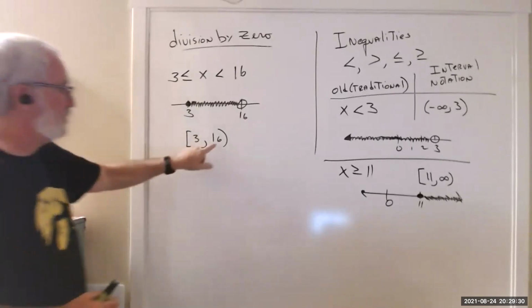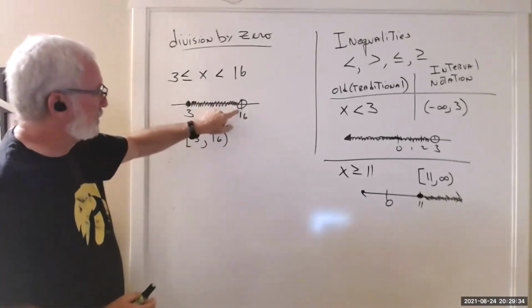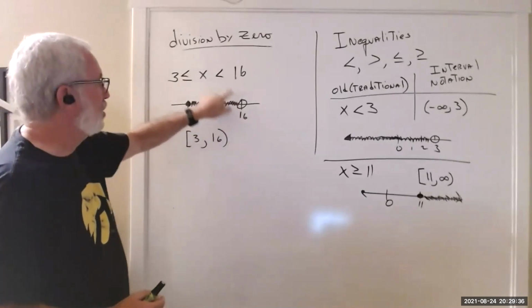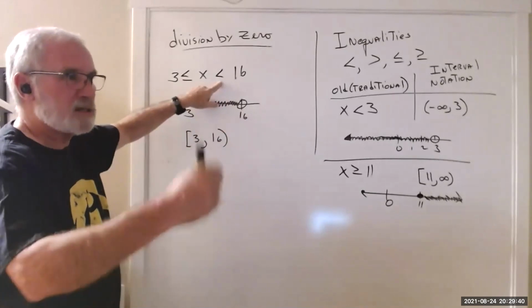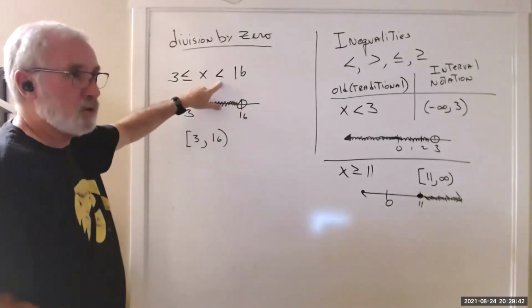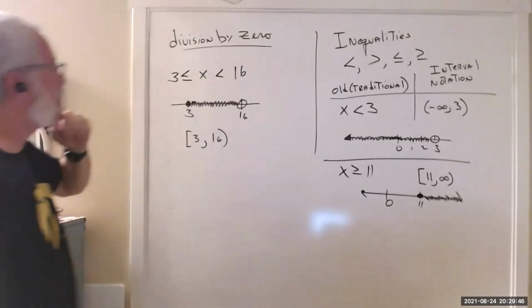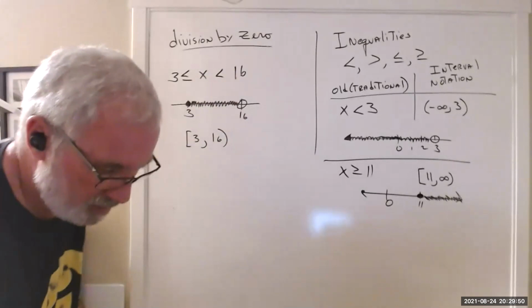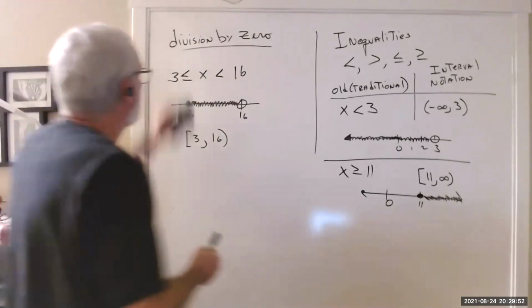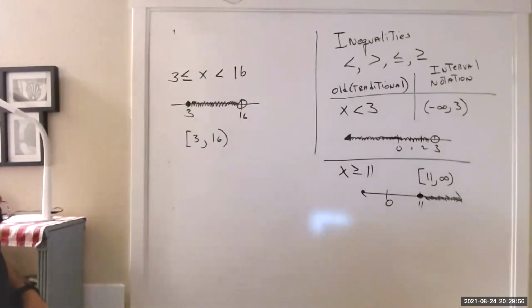The 16 has a parenthesis, which says it was an open circle on the 16, which says it was less than 16. Not quite, will never quite touch 16. We'll come close to it, but never touch it. Okay. How's that for everybody? Questions on that at all?